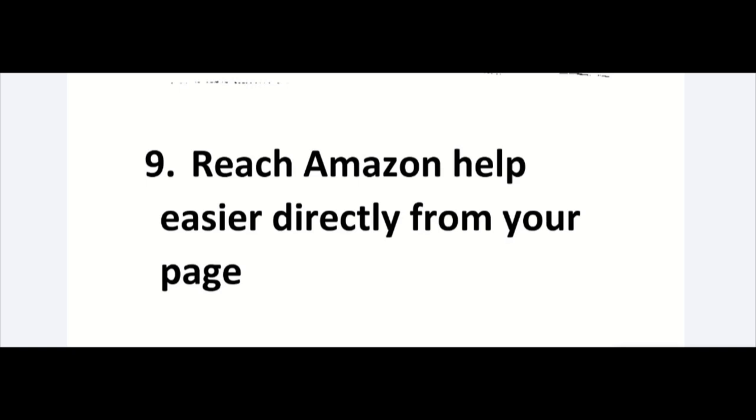There's actually a place right on your Author Central where you can reach out to Amazon and get help, whether it be to add extra categories, or to address an issue, whatever it might be. You can do that directly from your Author Central page. It's a much, much faster response time and much easier to reach someone to get help.